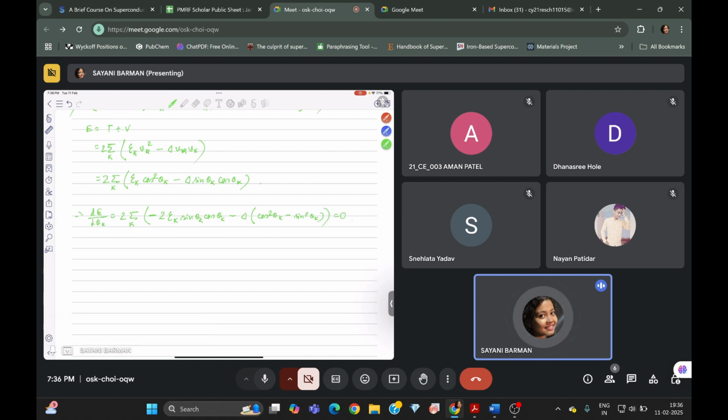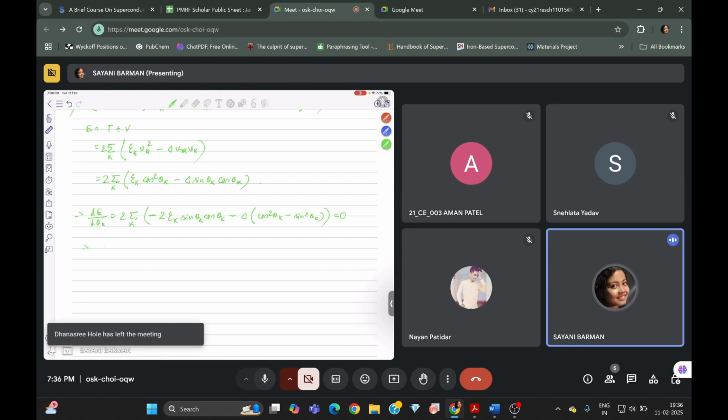The minimizing condition is that this should be 0. If we simplify everything, skipping a few steps, finally we get this.